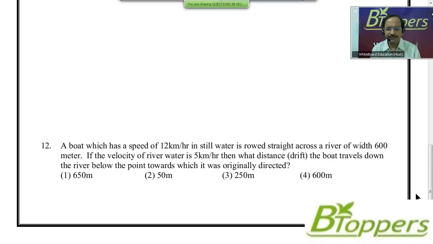Problem number 12. A boat which has a speed of 12 km per hour in still water is rowed straight across a river of width 600 meter. The velocity of the river water is 5 km per hour. Then what distance, I mean drift, does the boat travel down the river below the point towards which it was originally directed?